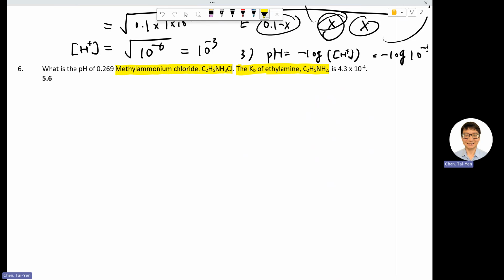Are they the same? They are not the same. So how do you solve this? If you see these two are not the same, also look at the things that you have in the question, right? So ammonium chloride, C2H5NH3Cl. What is this?